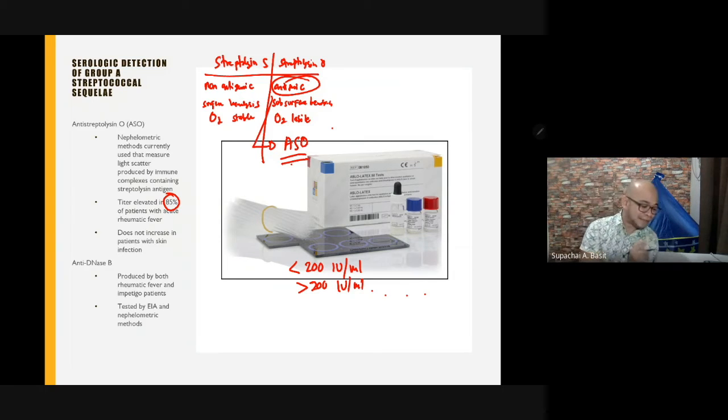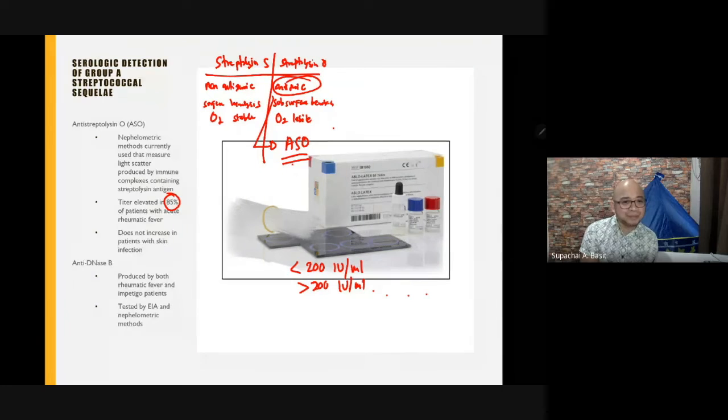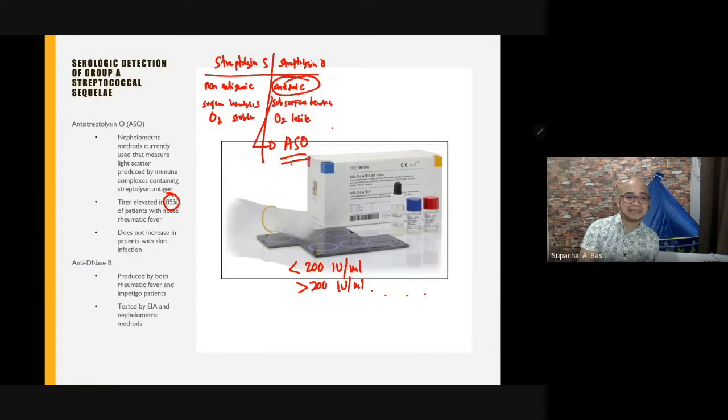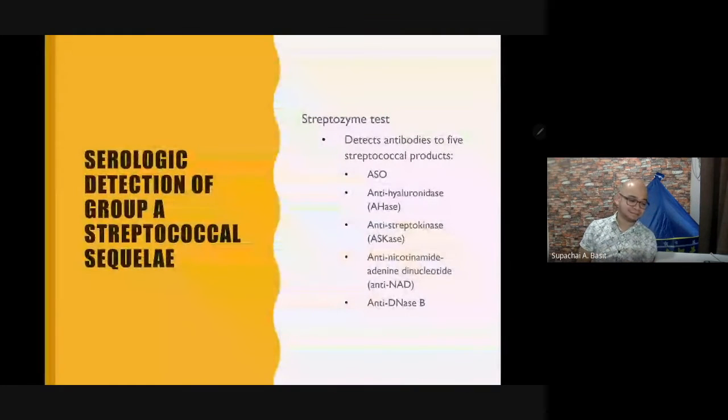Aside from ASO, we also have the anti-DNase B. It is produced by both rheumatic fever and impetigo patients, and it is tested by enzyme immunoassay and nephelometric methods. The streptozyme test can also detect antibodies to 5 streptococcal products.